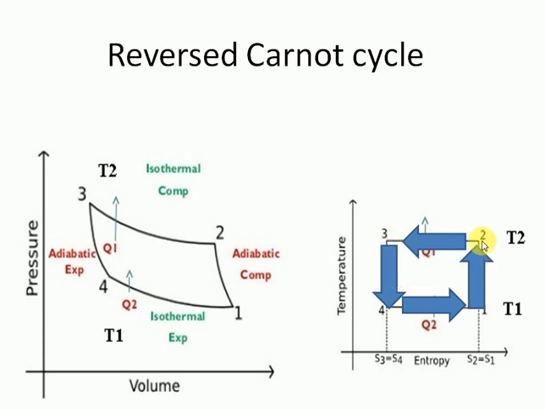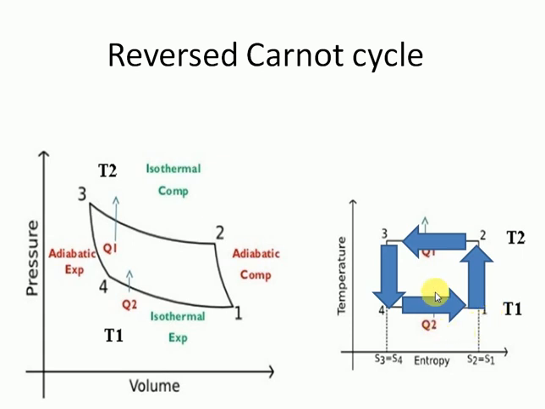In process 2 to 3, the heat is rejected. The arrowhead is shown outward, that means heat is rejected. And 3 to 4 is an isentropic expansion process. And 4 to 1 is the heat addition process, that is constant temperature heat addition.